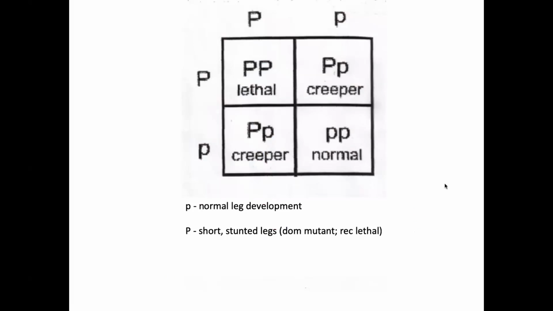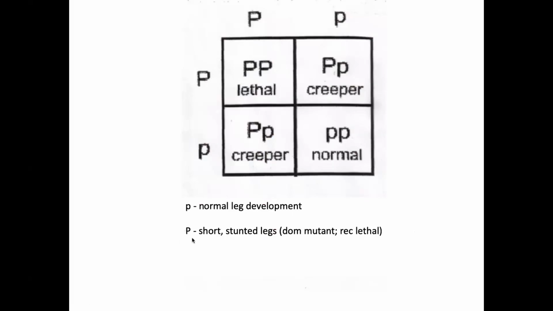There are two allelic alternatives. We'll designate lowercase p, giving rise to normal formation of legs, controlling that particular developmental process. And then you have an allelic alternative we'll call capital P that produces short or stunted, deformed legs on the animal.